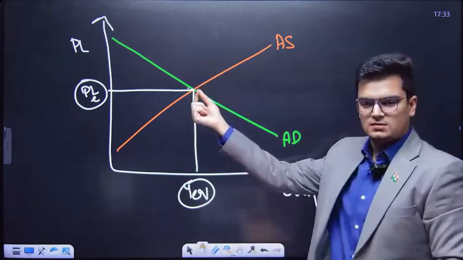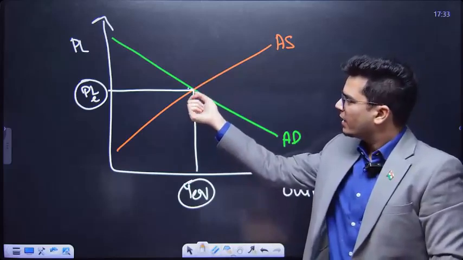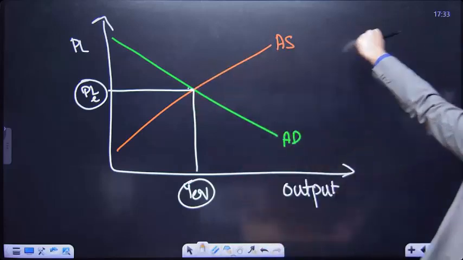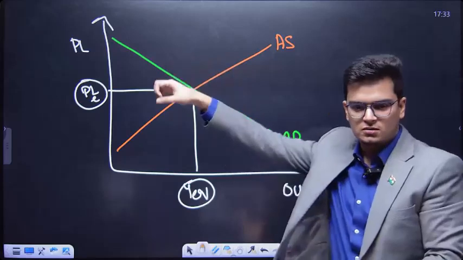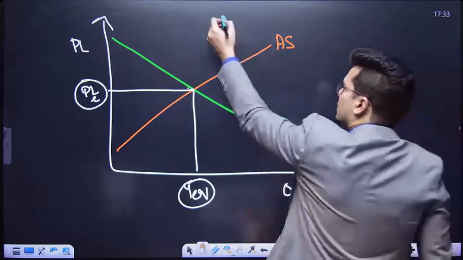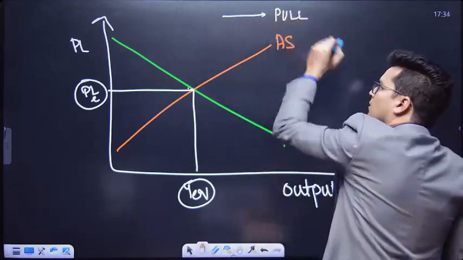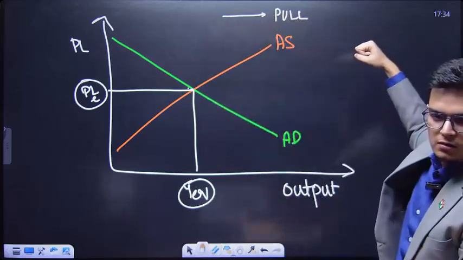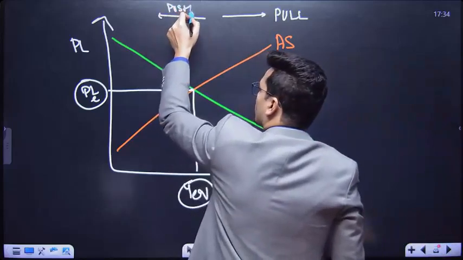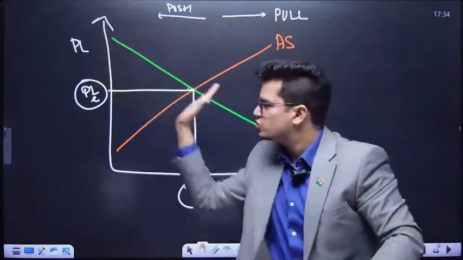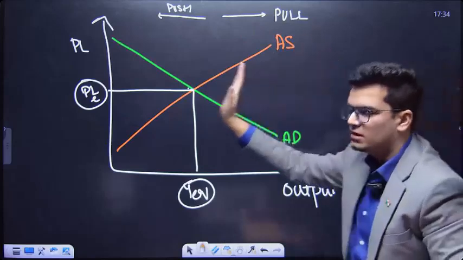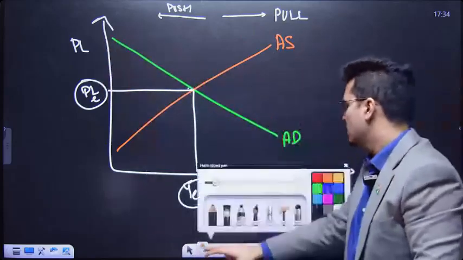This point here is the price level. अगर मैं इसको ऐसे खींचूं, ऐसे अपनी तरफ, this will be called what? Pull or push? Towards this side it will be pull, right? इधर लेके जाऊंगा तो pull, और अगर इस तरफ लेके जाऊंगा तो push. अपने साइड करूंगा तो pull, उधर की तरफ करूंगा तो push. Fair enough?